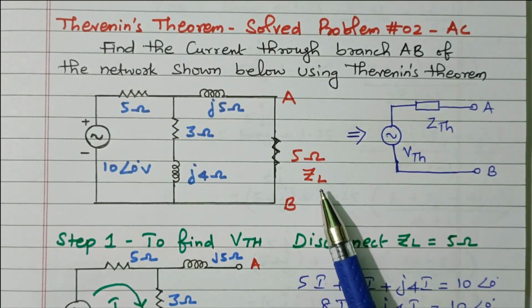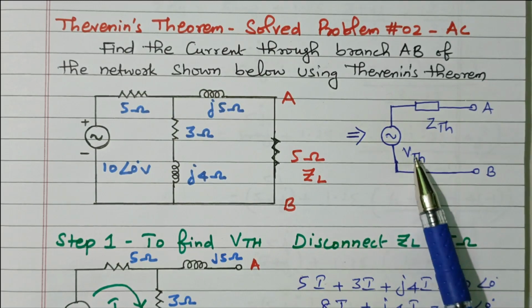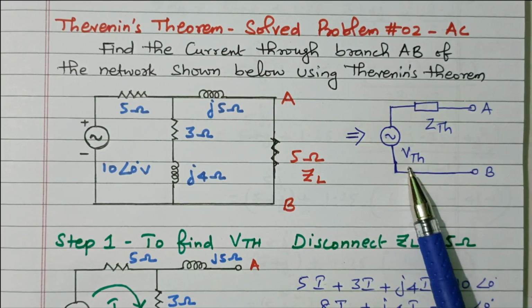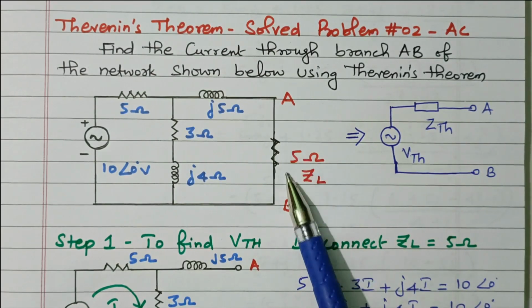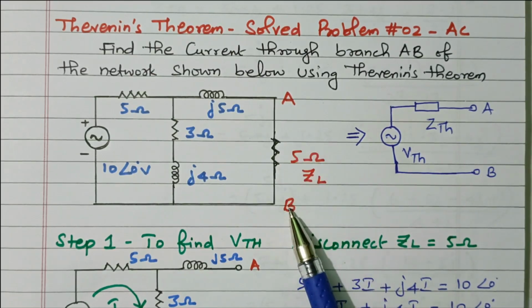The Thevenin theorem says we need to find the Thevenin equivalent circuit, that is V Thevenin connected in series with Z Thevenin. V Thevenin is nothing but the open circuit voltage, that is, terminal AB is open circuited, this load resistance is removed, and the voltage across AB is calculated.